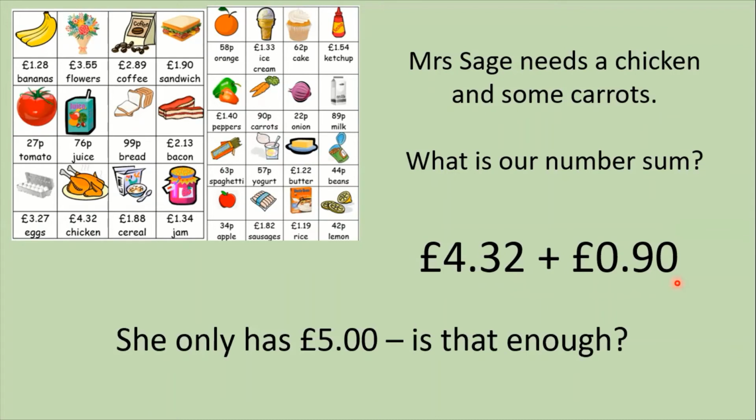However, she only has £5. Is that enough? So you're going to need to work it out and then see if your answer is above or below £5, working out whether she has enough money if it's below £5 or she needs some more money if it's above £5. Okay then, so pause the video now and have a go at working that out.